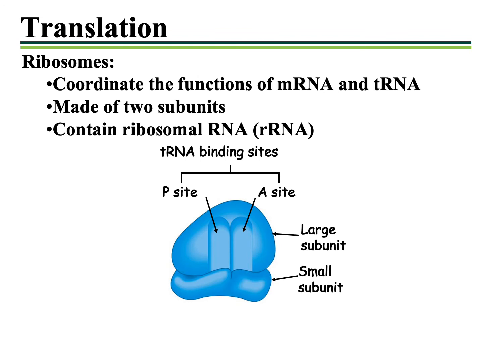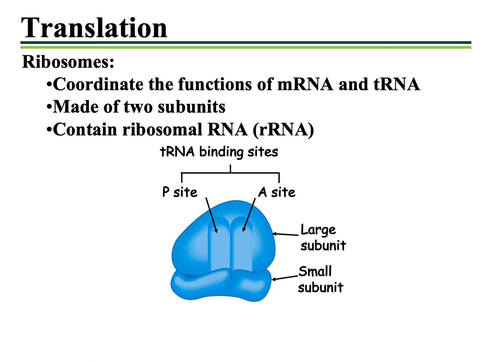So let's look at the ribosome again in a little more simplified view. What you see here is an intact ribosome with the small subunit on the bottom and the large subunit on the top, and together they are an intact ribosome. What you also see here are two of the sites that I mentioned previously, the P site and the A site.